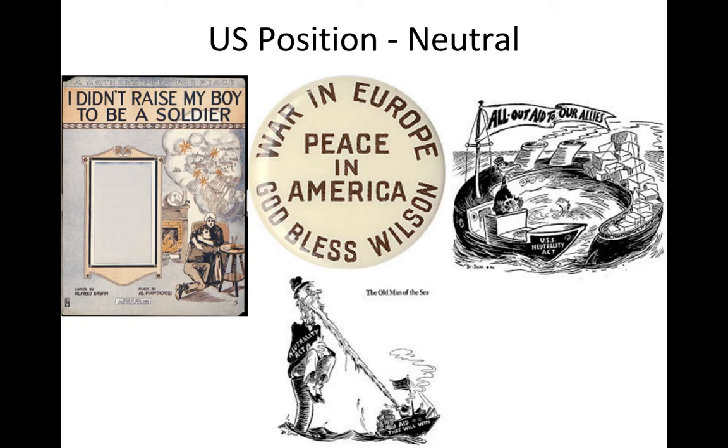Wilson, as I was saying earlier, really urged American citizens to be impartial as well. And in the next slide, I want to look at a map that's going to show us why that was actually very difficult. The U.S. was bombarded with pro-war propaganda from both alliances.